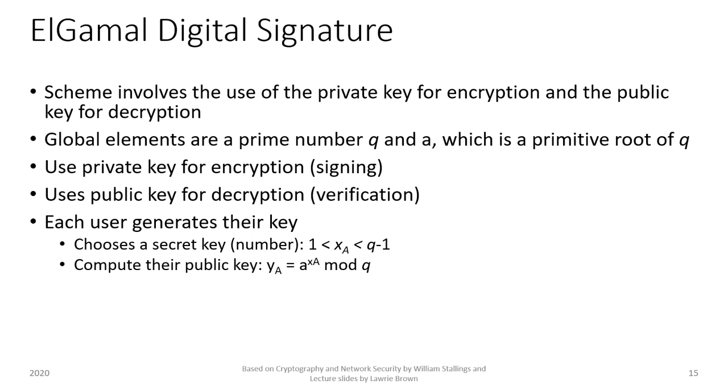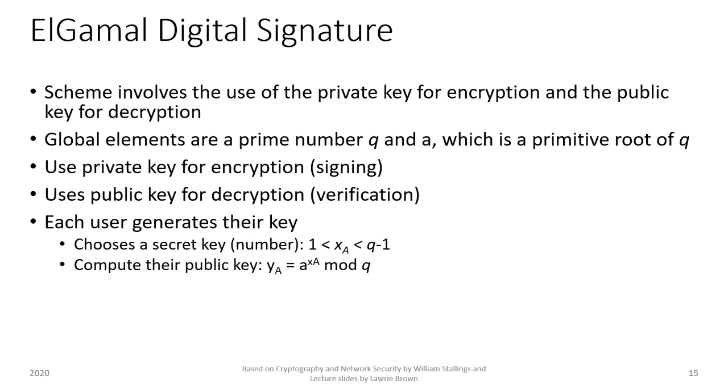So now let's look at some examples of different digital signature algorithms, digital signature schemes. The first one that we will look at is the El-Gamal digital signature scheme. If you remember the El-Gamal encryption scheme, the underlying basis is very much similar.